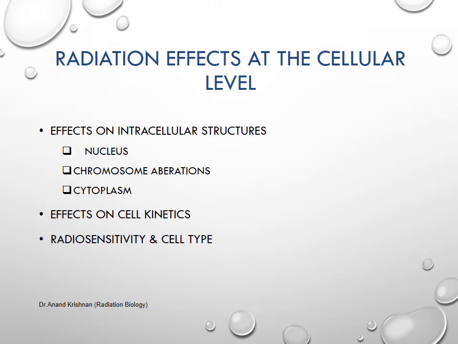To understand that, we need to understand the concept of dose response curve, in which, with radiation exposure, the dose response curve can be used to correlate the response and the damage of tissues and the dose, or the amount of radiation received.